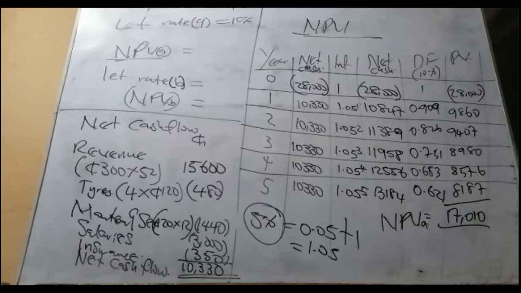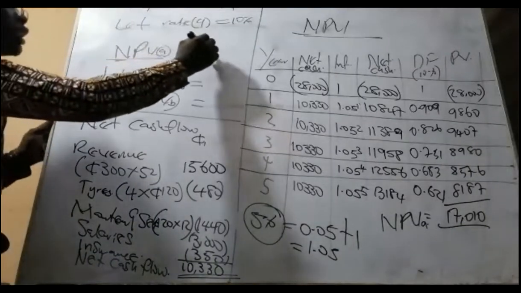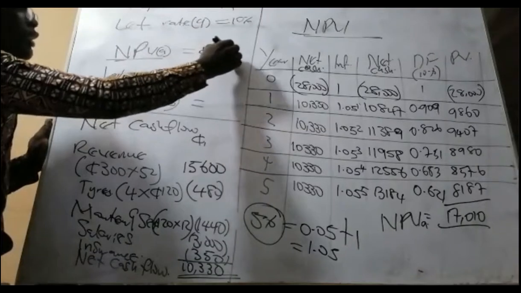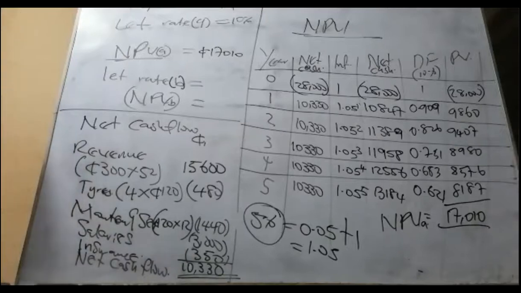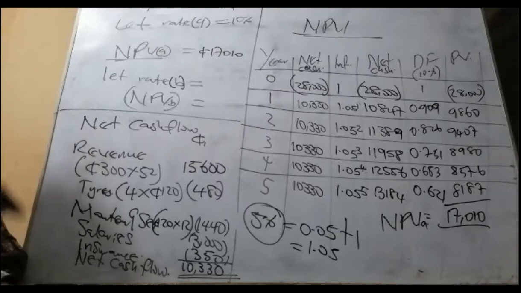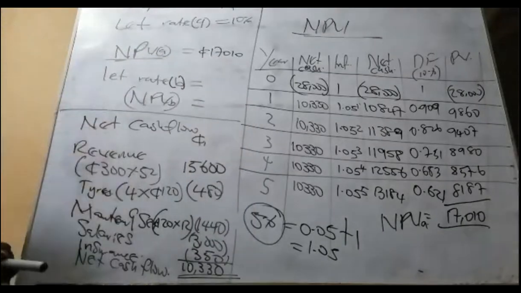What will be the second discount factor? We said that the second rate depends on the result of the first rate. So now I'll come back to my template and put Ghana cedi 17,010. Now let's get the rate B. If the first NPV is positive, we select a rate that will bring the NPV to be what? 0 or negative.